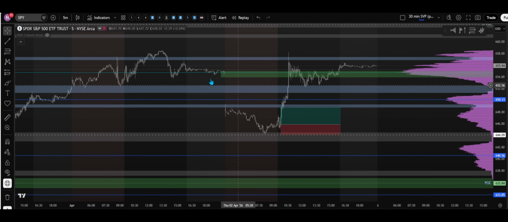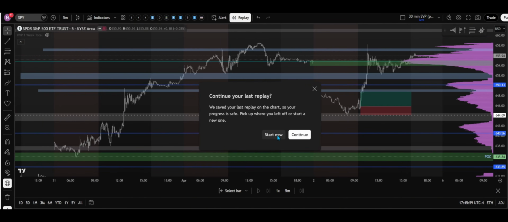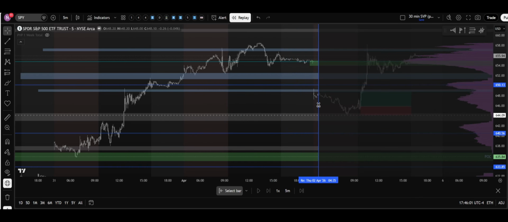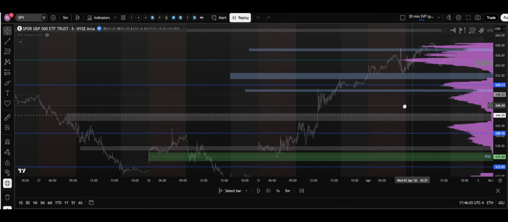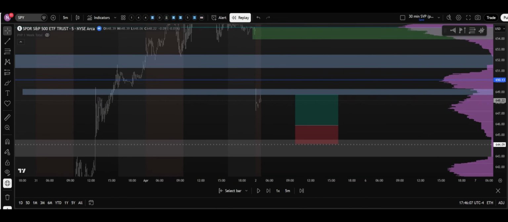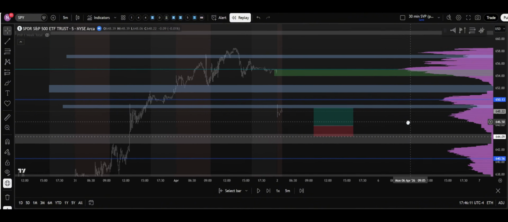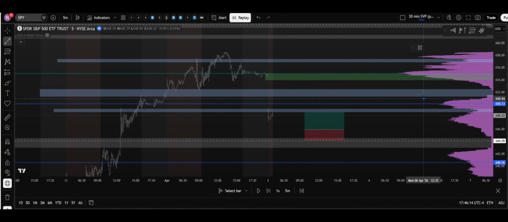Let's actually go ahead and look at the previous day, so you guys aren't just saying, oh yeah, that's how it looked after the fact, this is totally retrospective. No, let's look at exactly what that volume profile looked like as of the open on this previous day. You can see all of these are pretty fully developed, and you can even write out the same exact targets that I just showed you right there.